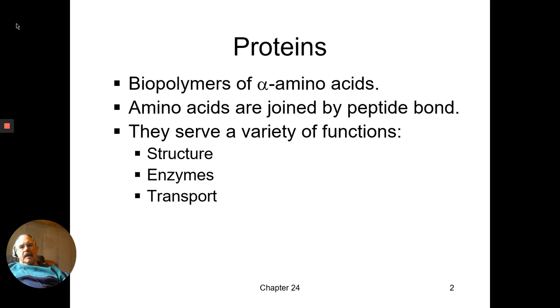Transport, this would be like hemoglobin. Protection, antibodies, primarily what we're talking about here. Hormones, and under protection, possibly venoms and toxins.